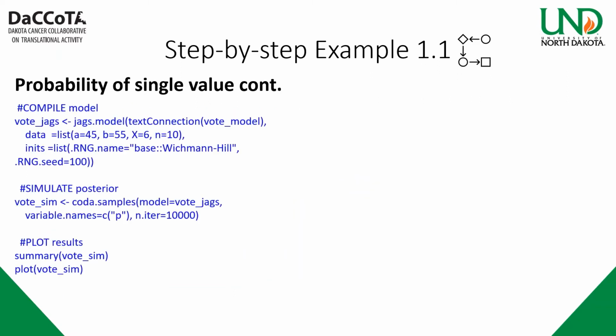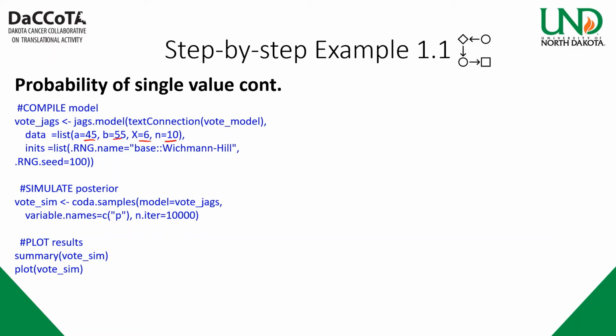So how we compile this model is we're going to use something called vote jags, and we'll use the function jags.model, textConnection. We'll connect to our vote model text, and then we'll add our data. So our data for our beta distribution is going to be 45, 55. That's our prior. And then for that small data model, we had 6 out of 10.